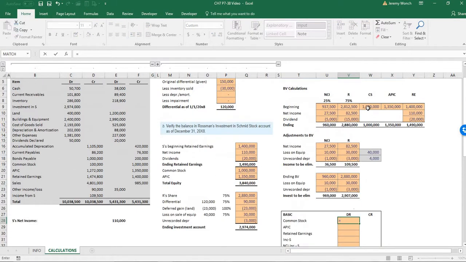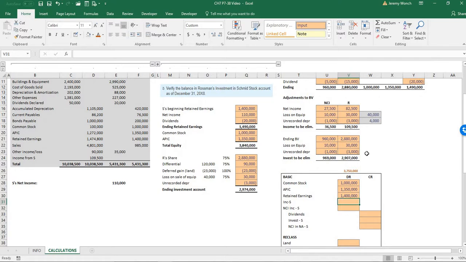Alright, so we enter in common stock, which is up here. We enter in the additional paid in capital, and we're also removing the retained earnings beginning. We want to remove the income that we received from the subsidiary, and that's what we calculated here in this adjustment.